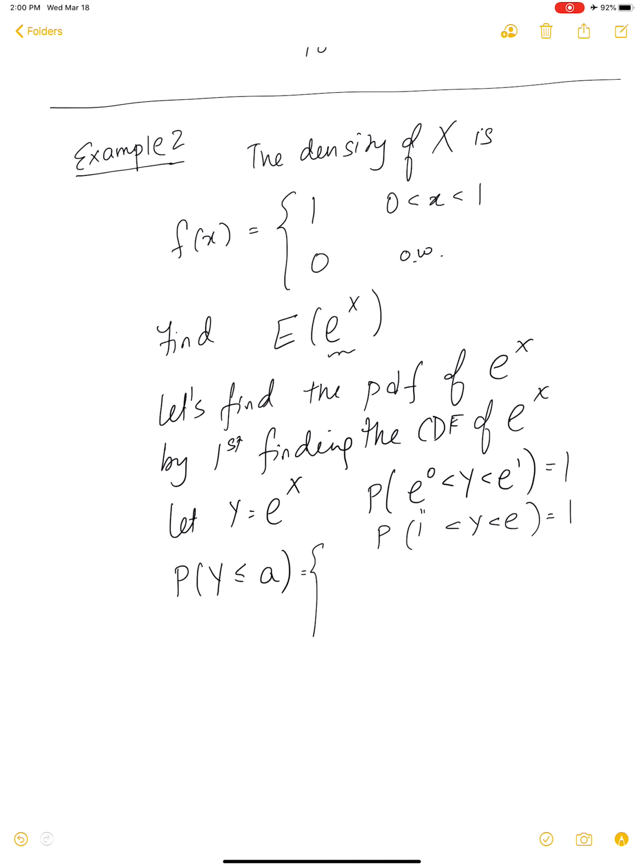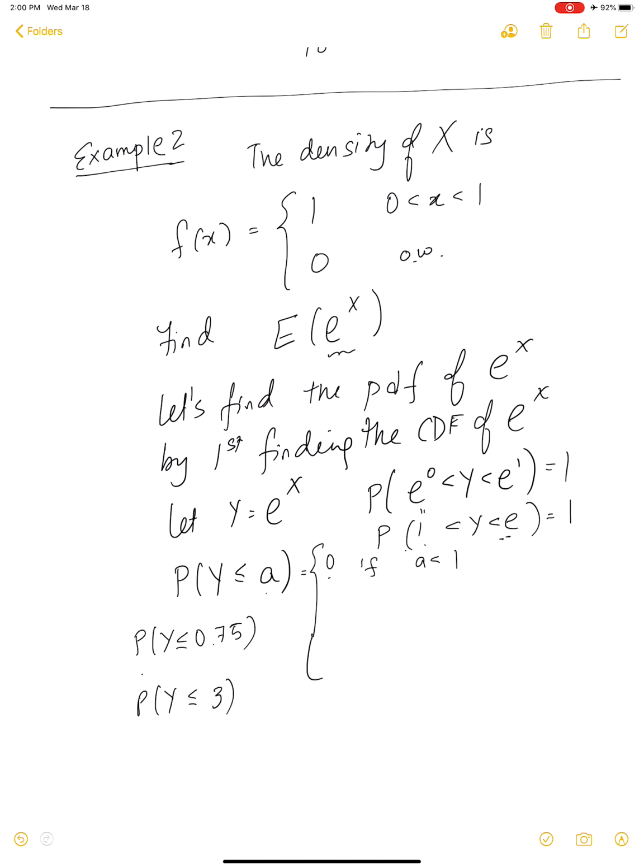So you know this is 0 if a is less than 1. So if a is any number less than 1, for example, if you're asking yourself, what's the probability y is less than or equal to 0.75? Well, you know y is always between 1 and e, so that's going to be 0. Okay, and then you ask yourself, what's the probability y is less than or equal to, let's pick a number bigger than e, 3, for example.